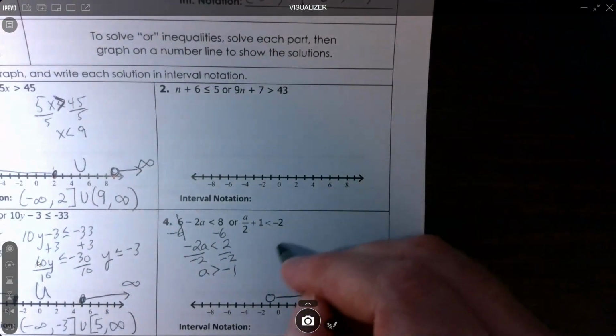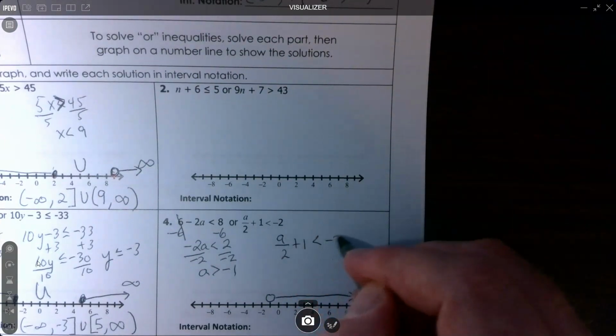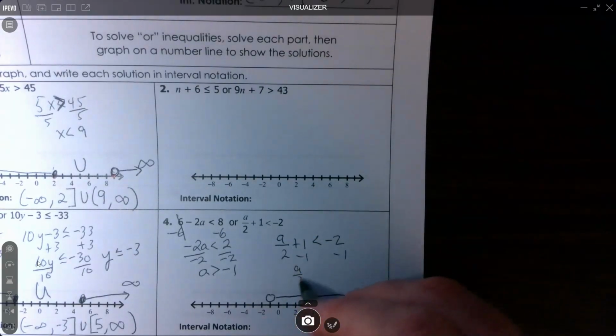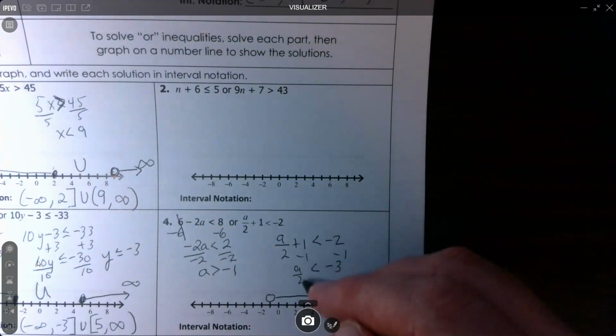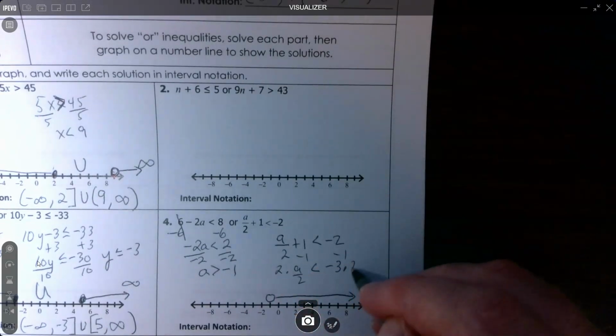Alright, next problem. a over 2 plus 1 is less than negative 2. Get rid of the 1. a over 2 is less than negative 3. Now just remember this is a division problem, so how do you get rid of division? Multiplication. So I multiply both sides by 2.